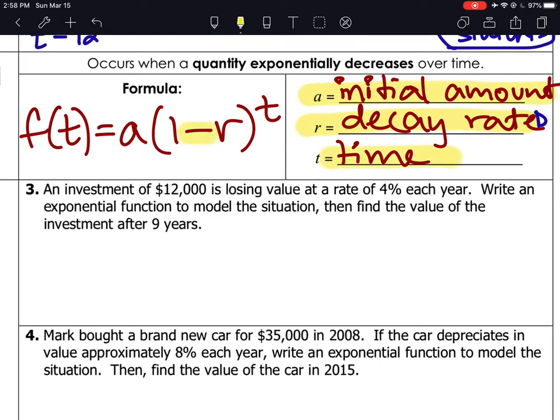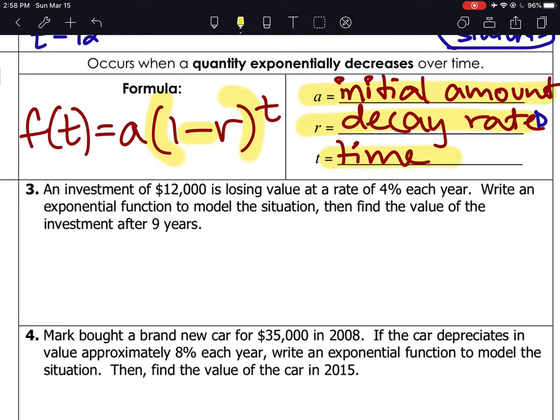But notice the only thing that changed here is the minus sign. And that's because when something decreases, the value inside here will be less than 1, which means that it would be like our first lesson, where B is less than 1, it means it's decreasing. A decreasing function, same thing as a decay function, things are lowering.